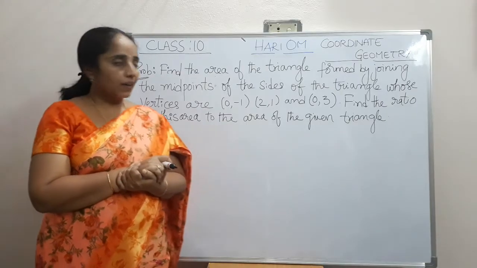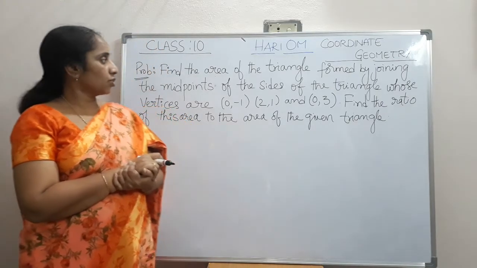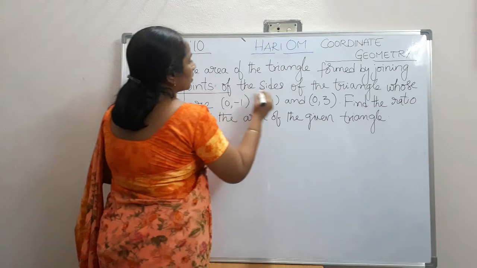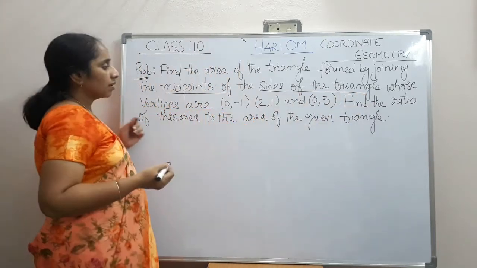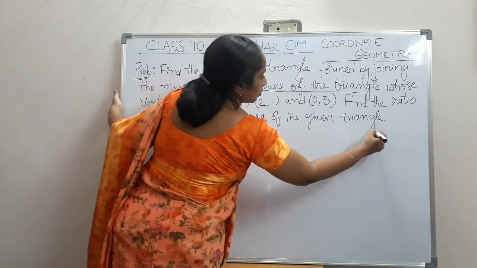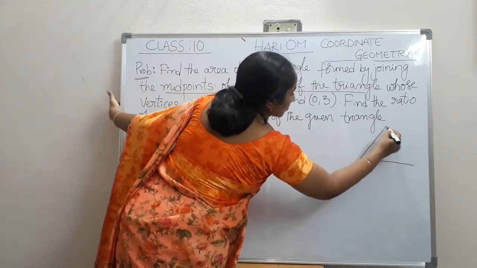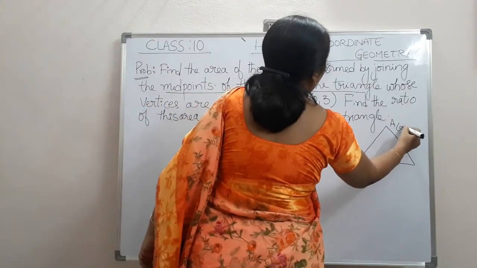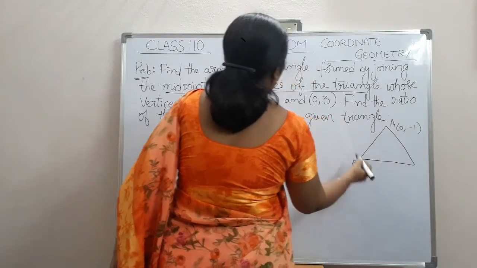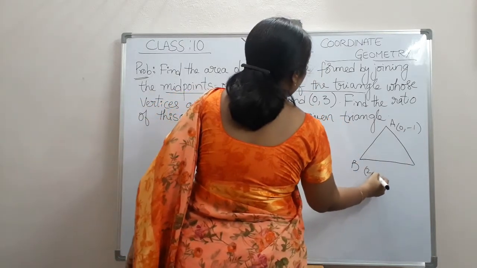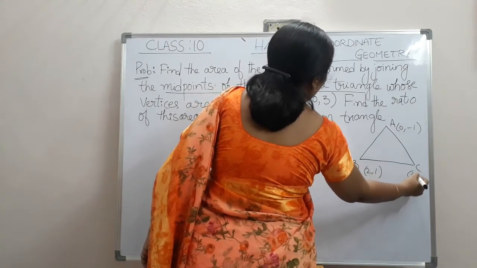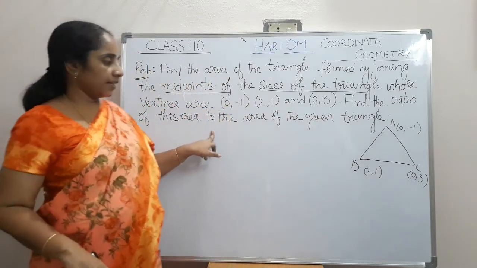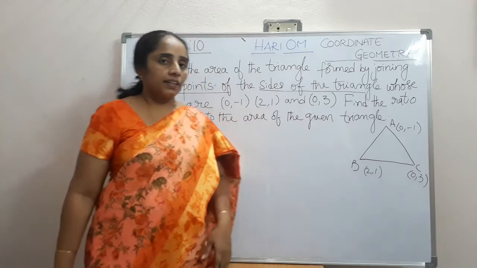Find the area of the triangle formed by joining the midpoints of the sides of the triangle whose vertices are A (0, -1), B (2, 1), C (0, 3). Find the ratio of this area to the given triangle.